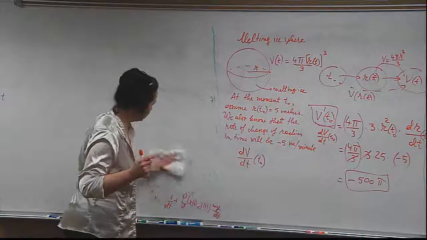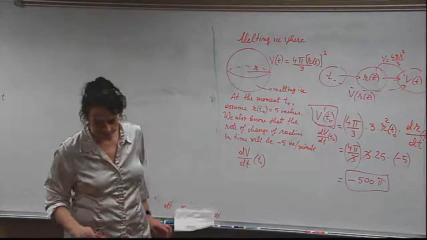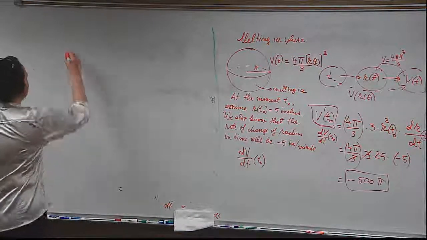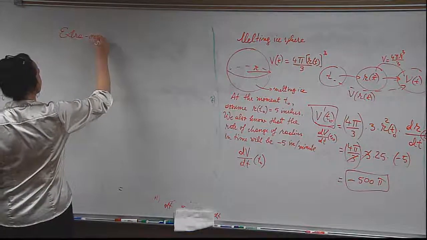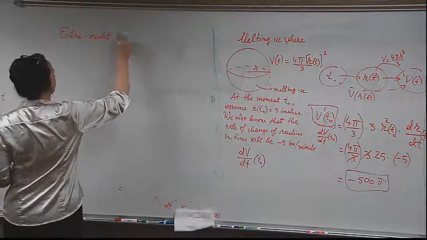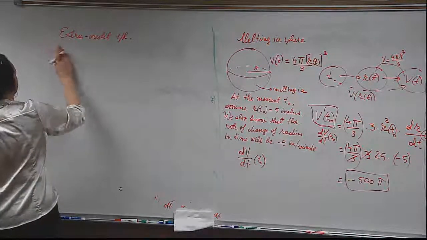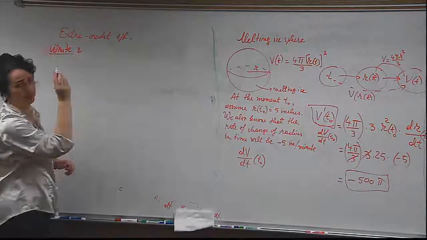So compose your own problem. Well, do you have to solve your own problem? Yeah, I guess so. Once you compose your own problem, solve your own problem. For extra credit, 1 point. Compose, write, and solve. You are a problem author.